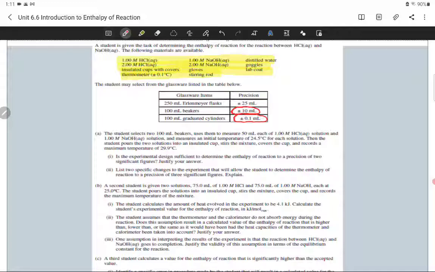So you'd have to use a graduated cylinder to be able to get an answer that's going to be, in this case, significant. We'll get to the answers, and we'll double check how we did here in a little bit. List two specific changes to this experiment that will allow, so we need two changes. So one change I said was use the graduated cylinders.